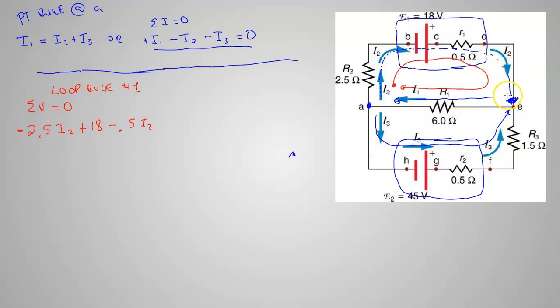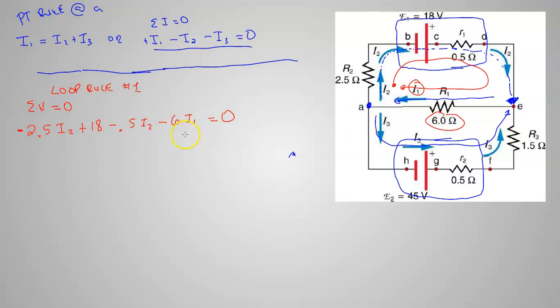Nothing here. There's no resistors, no batteries. I'm turning the corner. Here's another resistor. Okay, that's going to be a drop. So minus 6 ohms times I1. I want the current times the resistance right there, and that's going to be minus 6 I1.